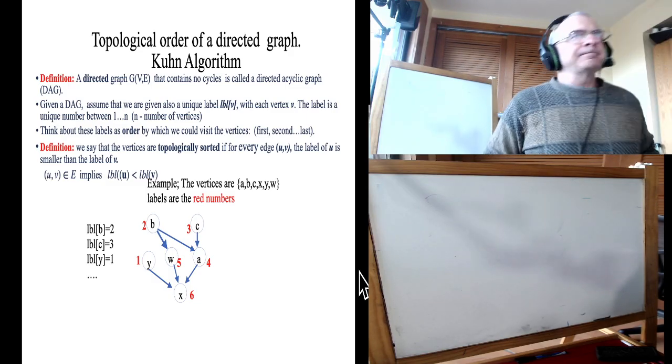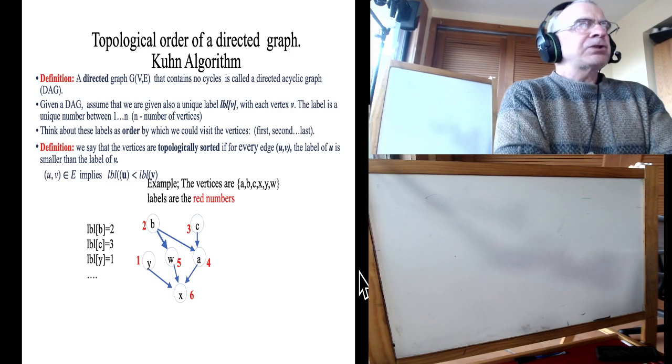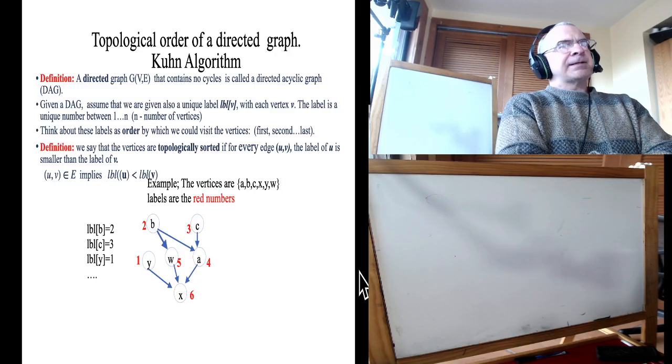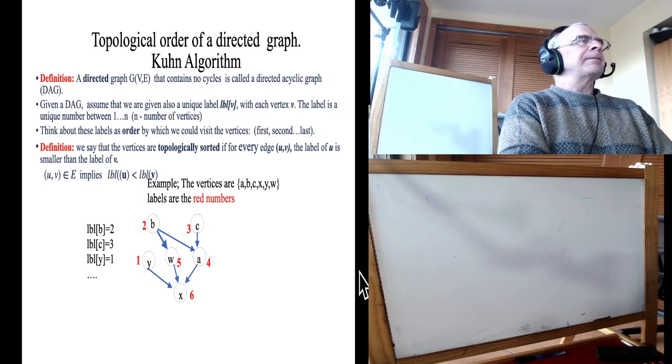So we will switch to graphs that have a topological order on them and then move back to shortest path.